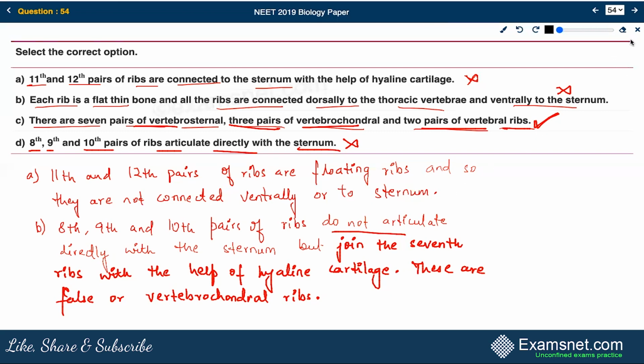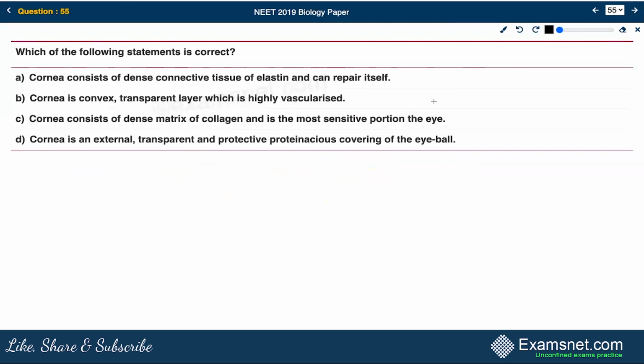All right. Now, the next question says: which of the following statements is correct? You have to find the correct statement out of all these statements. Cornea basically consists of dense connective tissue of elastin and can repair itself.